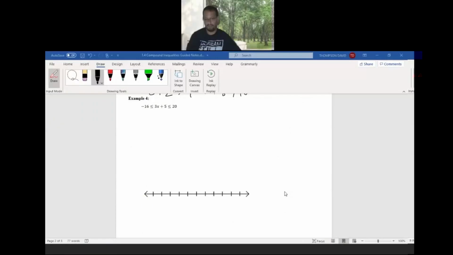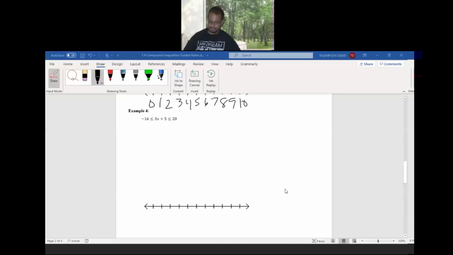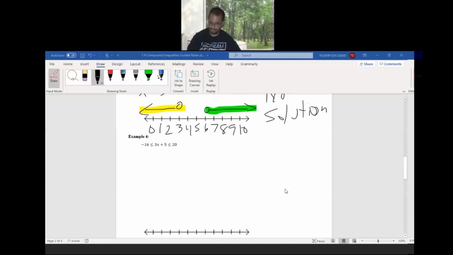Example 4. We're given negative 16 is less than or equal to 3x plus 5, which is less than or equal to 20. This is almost like an AND situation. So I'm going to solve this in 2 different ways. So first, when we write it as an AND situation, you say negative 16 is less than or equal to 3x plus 5, and 3x plus 5 is less than or equal to 20.